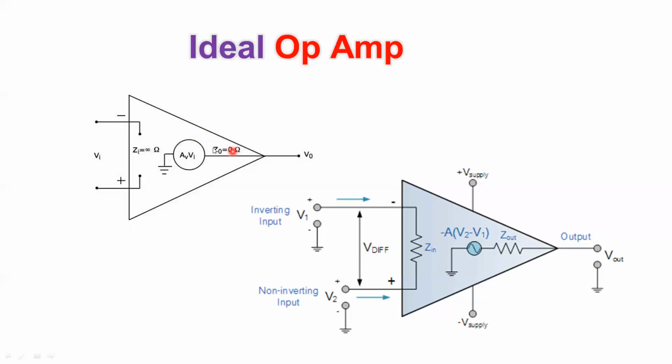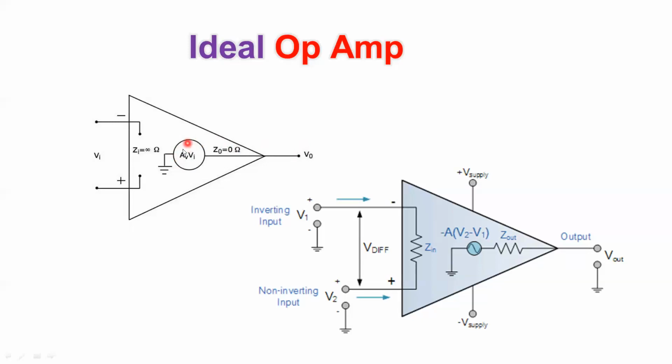So V output equals V input times infinity, which is simply infinity. But realistically, we have an output. Our output is not equal to infinity. We should have some voltage at the output. So the condition is, in order to make A equal to infinity, we should have either V output equal to infinity or V input equal to 0.